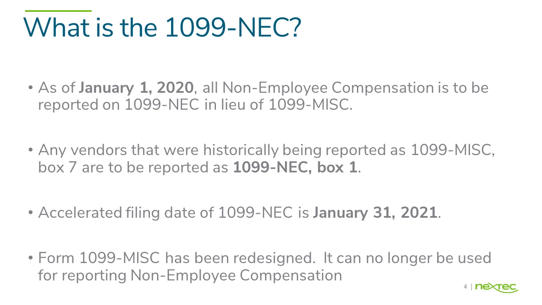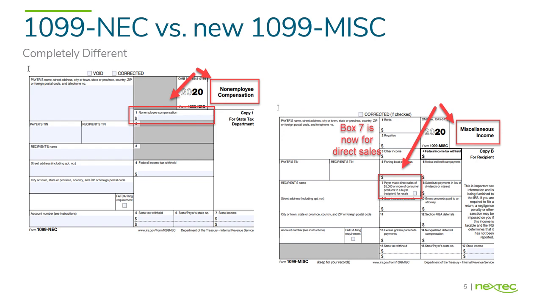And the 1099 miscellaneous form has been redesigned. It can no longer be used for reporting non-employee compensation. When you look at the form here, this is the new one, and in 2020 you're going to be using a completely different form. Again, you can get these at your local office supply stores.